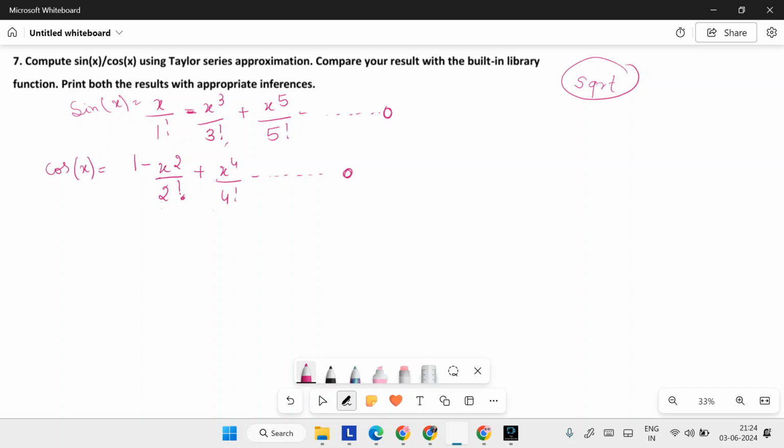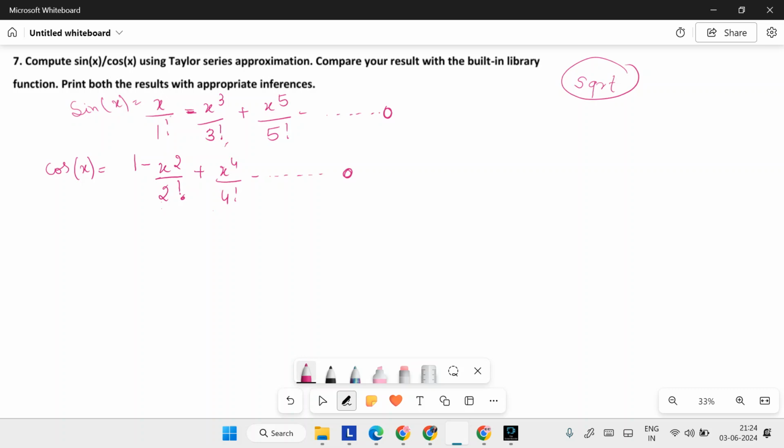Now you see here, first thing is I have to calculate the sin x. The Taylor series approximation for sin x is x divided by 1 factorial minus x to the power of 3 by 3 factorial plus x to the power of 5 by 5 factorial, and so on till it reaches 0.